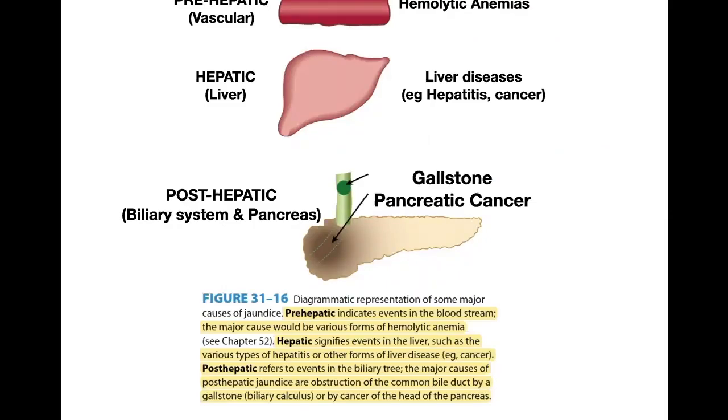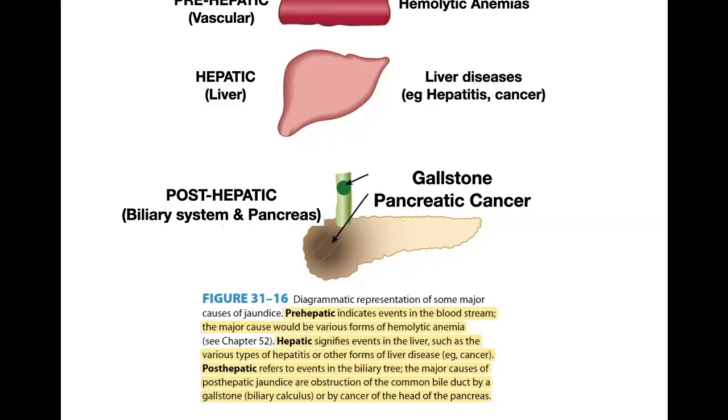Now let's go back to this figure, which is lifted from your textbook. We have prehepatic, which means before the liver, occurring in the blood vessel, so that's vascular. Hepatic involves the liver itself. Posthepatic is beyond the liver, which means the biliary system and the pancreas.